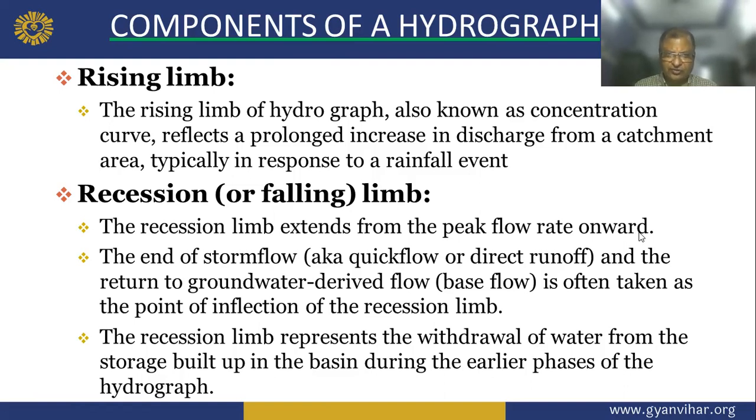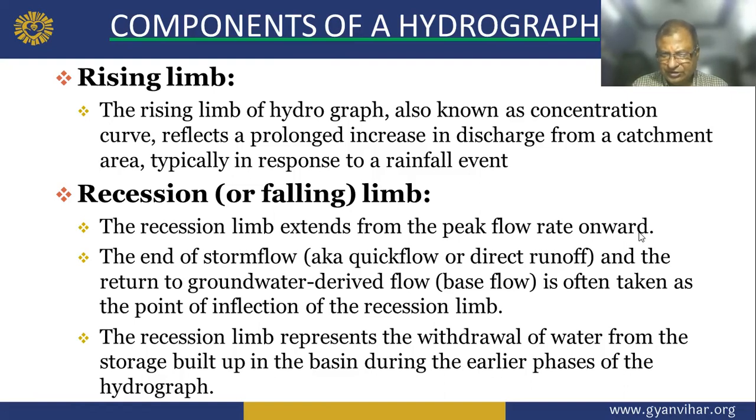Recession or falling limb. The recession limb extends from the peak flow rate onward, to the end of the storm flow, that is the direct runoff, and the return to the groundwater derived flow.